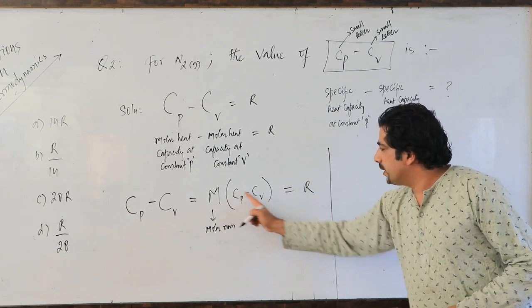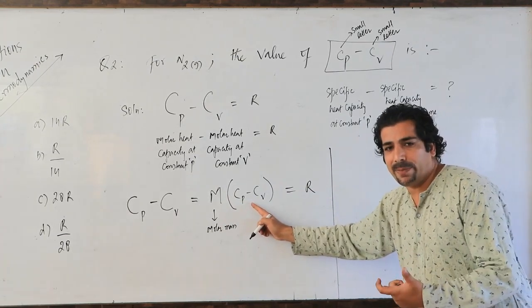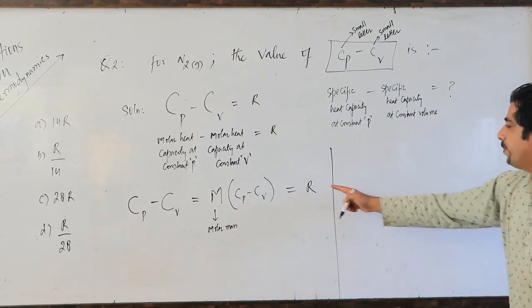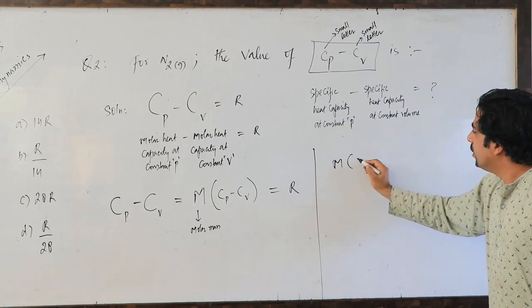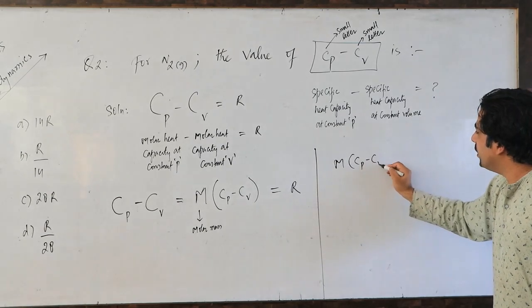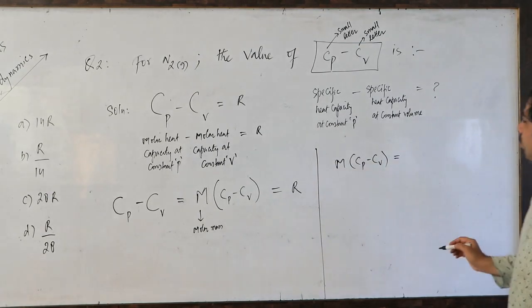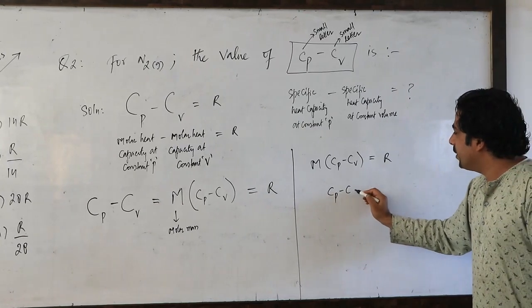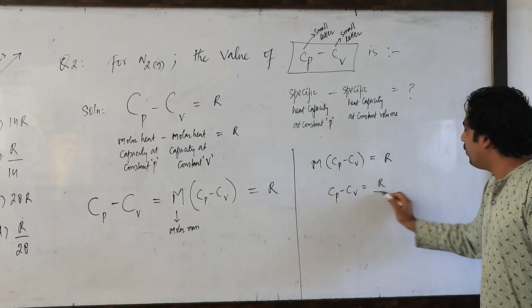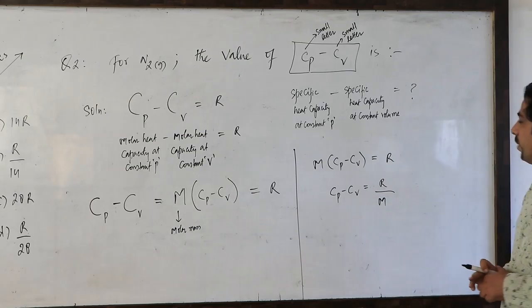So let's take this specific heat capacity expression with respect to R. So I will get here M into small Cp minus Cv is equal to R, then I will write down small Cp minus Cv is equal to R upon M. M stands for molar mass.